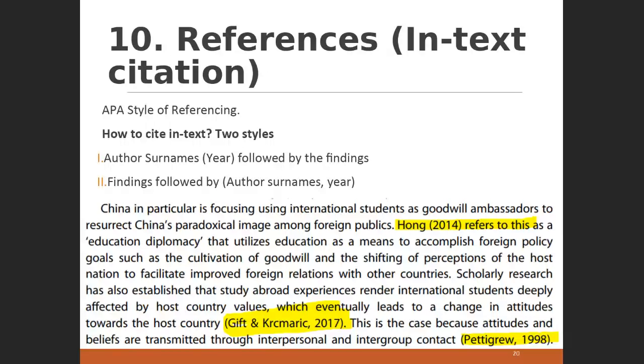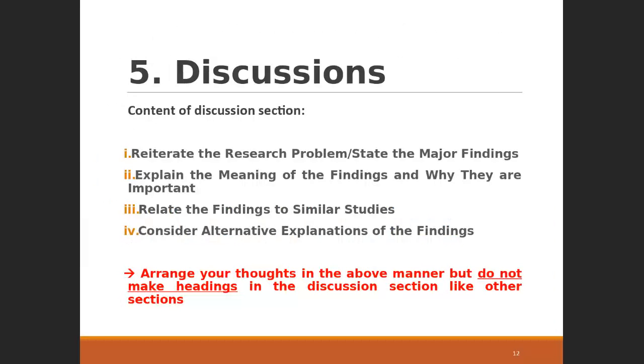Now we will discuss the discussion section, the most important part of your research report. The purpose of the discussion section is to interpret the significance of your findings in light of what was already known about the research problem being investigated, and to explain any new understanding or new insights that emerged as a result of your research.